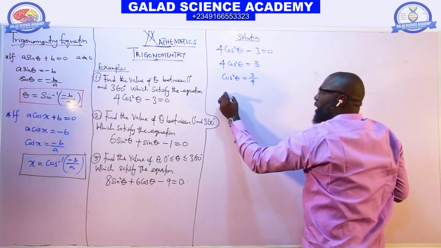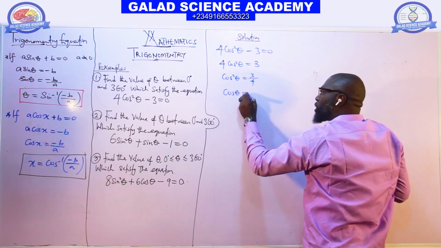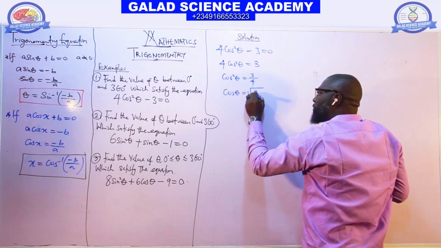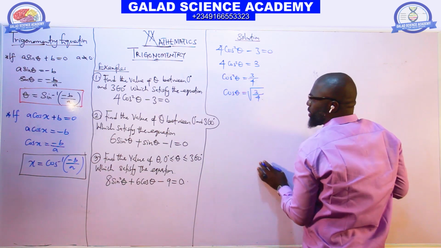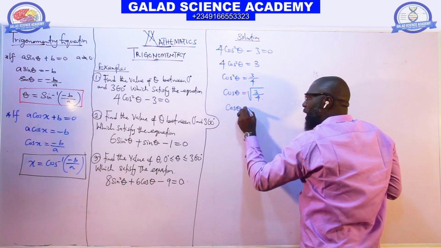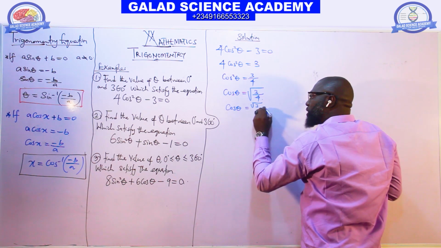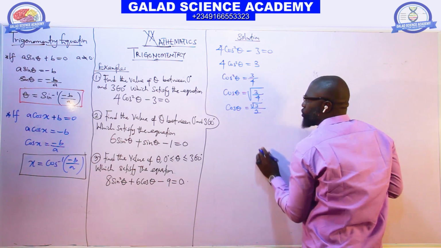Then remove this square. You have cos theta equal to the square root of 3 over 4. So this cos theta will give us square root of 3 over square root of 4, which is 2.